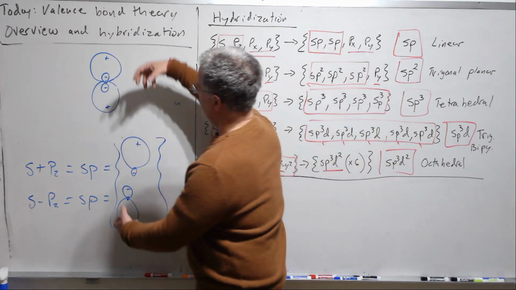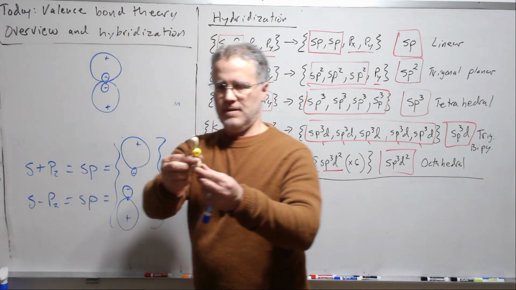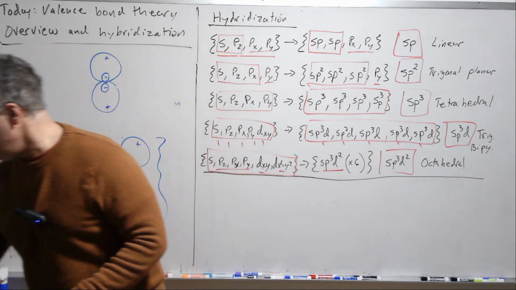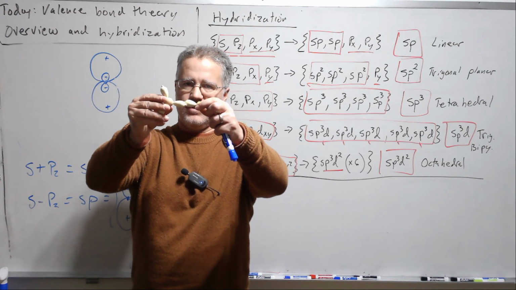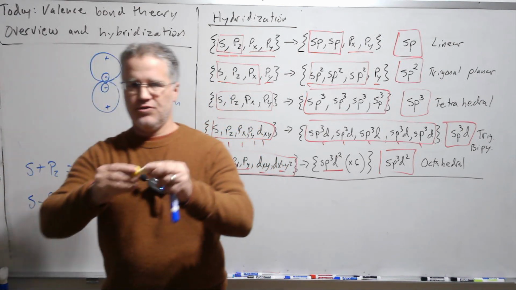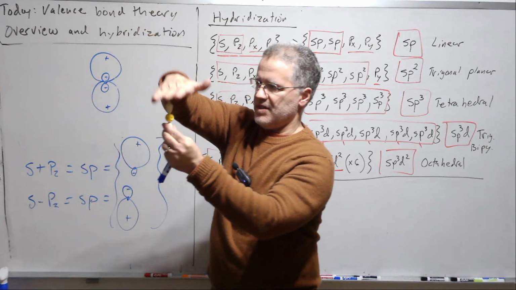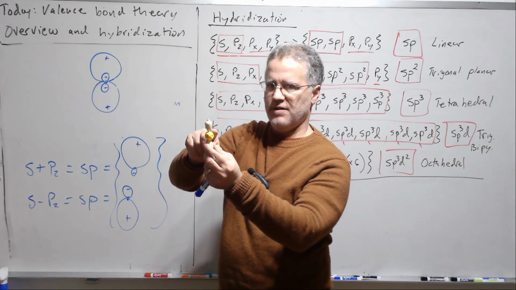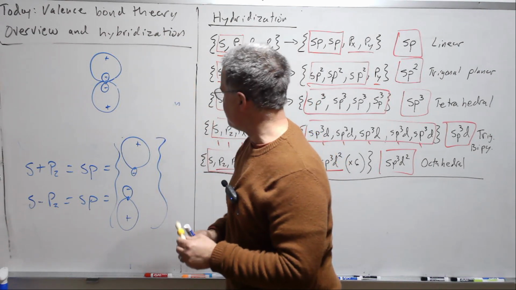And yes, indeed, this is prepared now to bond. If I have another one coming in, I can overlap those. And I can do so from this side and from this side, or on the board here, from the top and the bottom. So these are prepared to bond out from here and create a linear geometry around this atom.